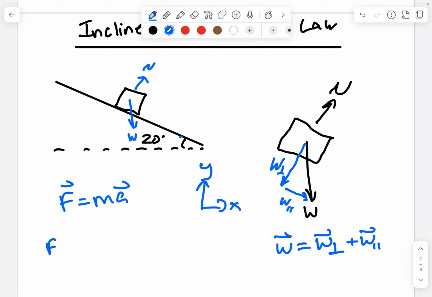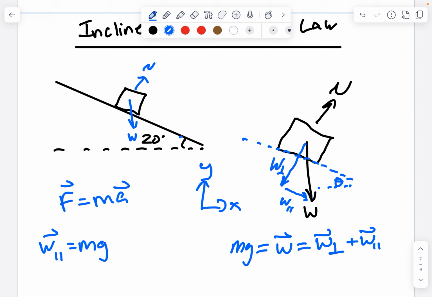So let's look at W parallel first. We know that weight is just mg, gravity. Oh, sorry, this is not F, this is supposed to be W. There you go. So we know that weight is just mg. However, now because this is at an angle of theta, we can make a triangle from this, right?